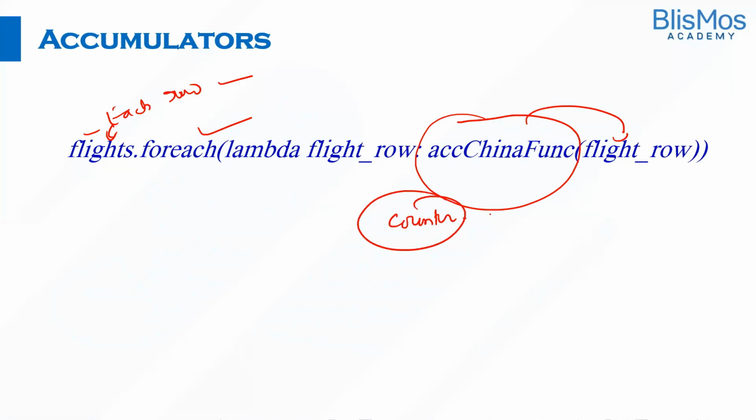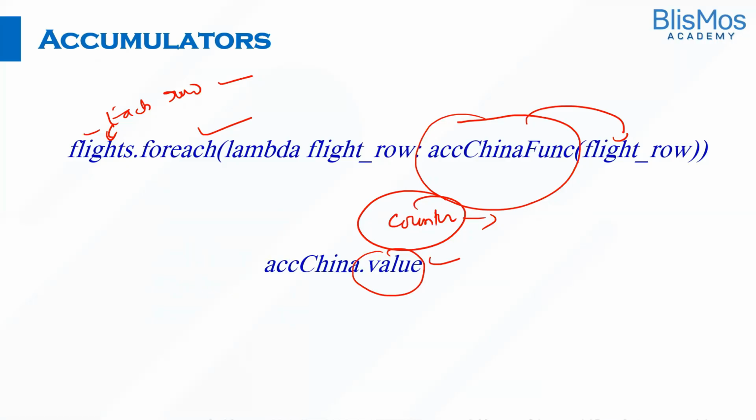Counter here means the accumulator variable. That way we'll understand how many flights are destined to China and originating from China. We can get the accumulator value by using the dot value method.